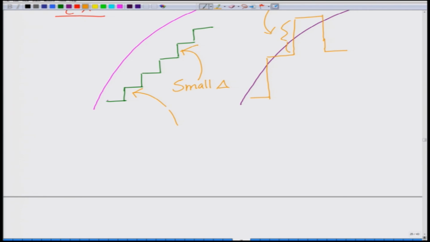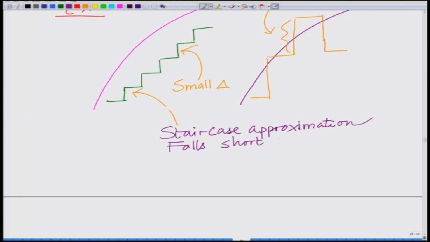The staircase approximation is falling short of the signal. Okay. So, this is the problem with a small delta.